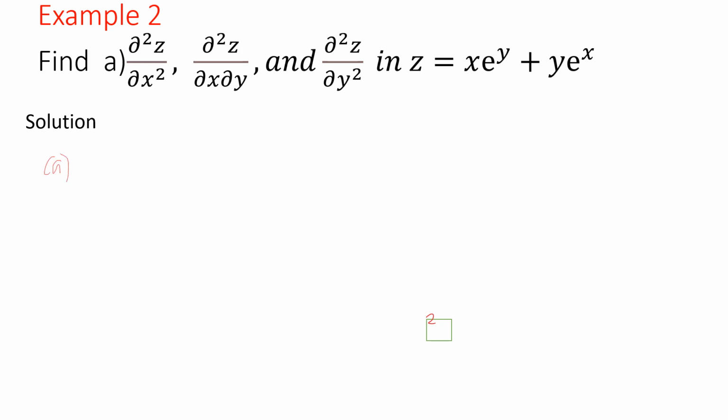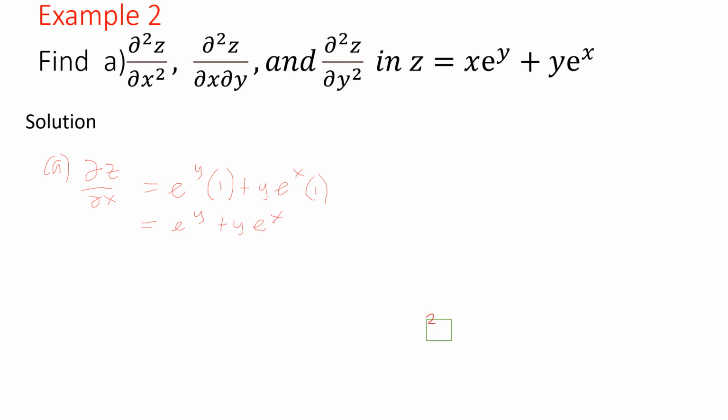for letter A, partial derivative of g with respect to x equals e to the power y times 1 plus y e to the power x times 1, or equals e to the power y plus y e to the power x.